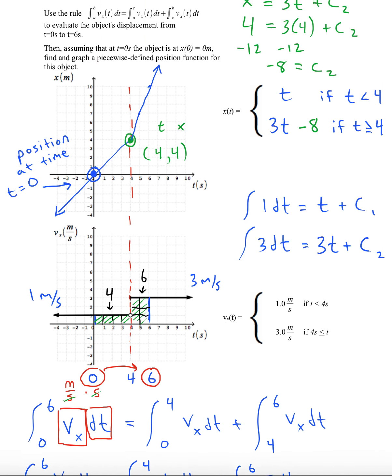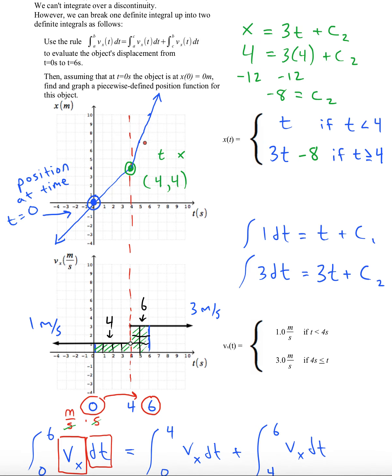So what we want to verify is that when we start off here at an x of 0 and end up 6 seconds later at a new position, the question is, how far have we actually traveled? The answer is 10 meters.